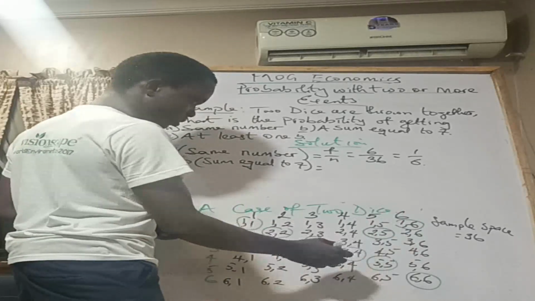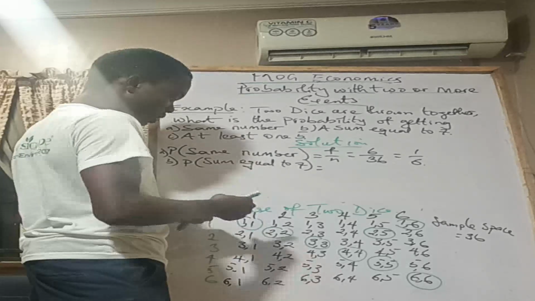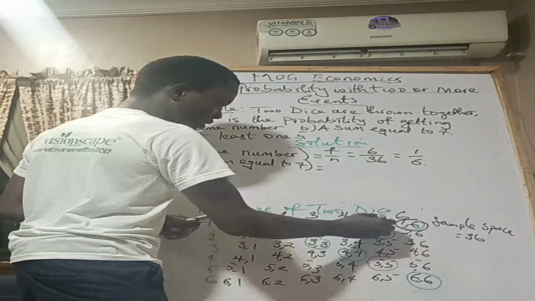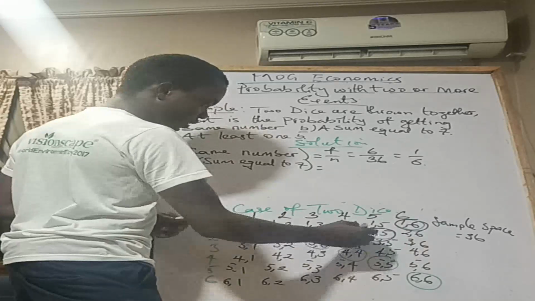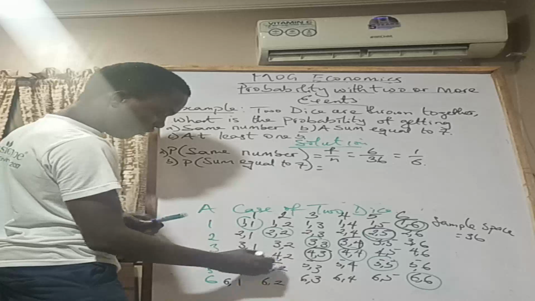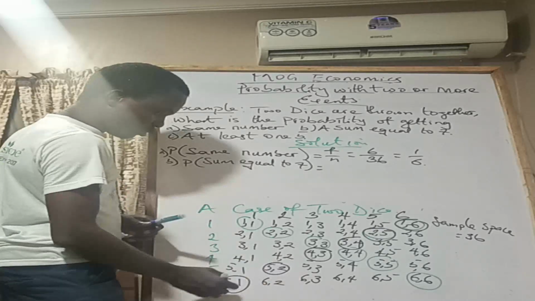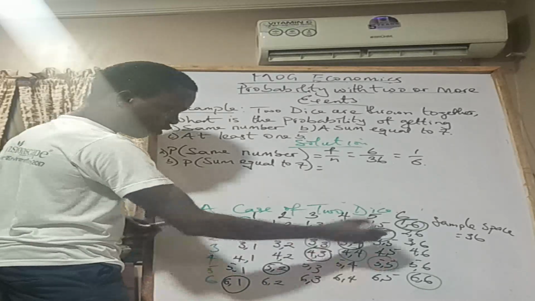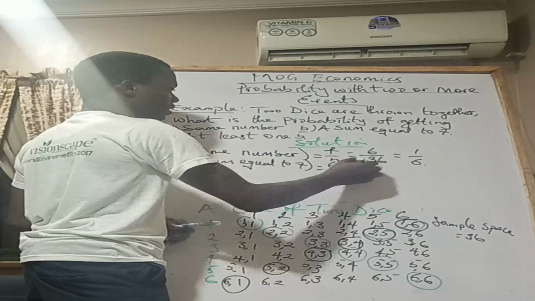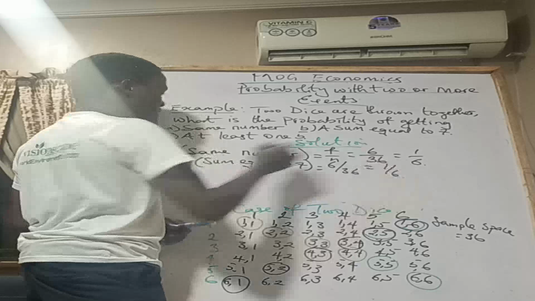Let me use black now. 1, 6, 2, 5, 3, 4, 4 plus 3, 5 plus 2, 6 plus 1. 1, 2, 3, 4, 5, 6. So we also have 6 over 36 again. That gives us 1 over 6.